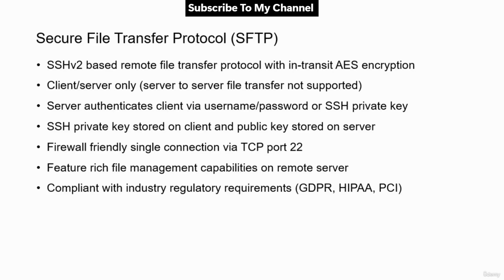It's a single connection for data and control channels via TCP port 22. I say it's firewall friendly because TCP port 22 is often already open on the firewall, so it makes it easier to implement. It has feature-rich file management capabilities on the remote server, and it also complies with industry regulatory requirements like GDPR, HIPAA, and PCI.